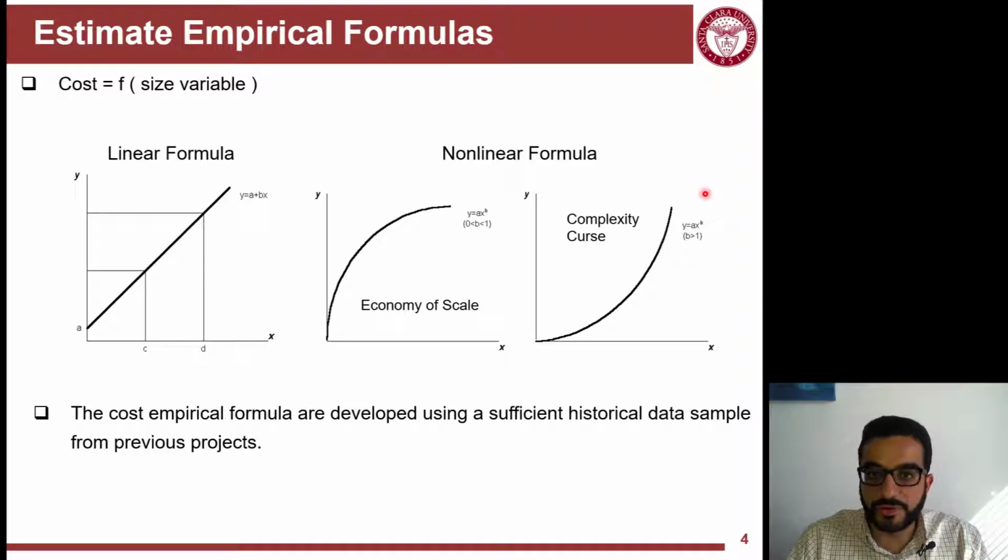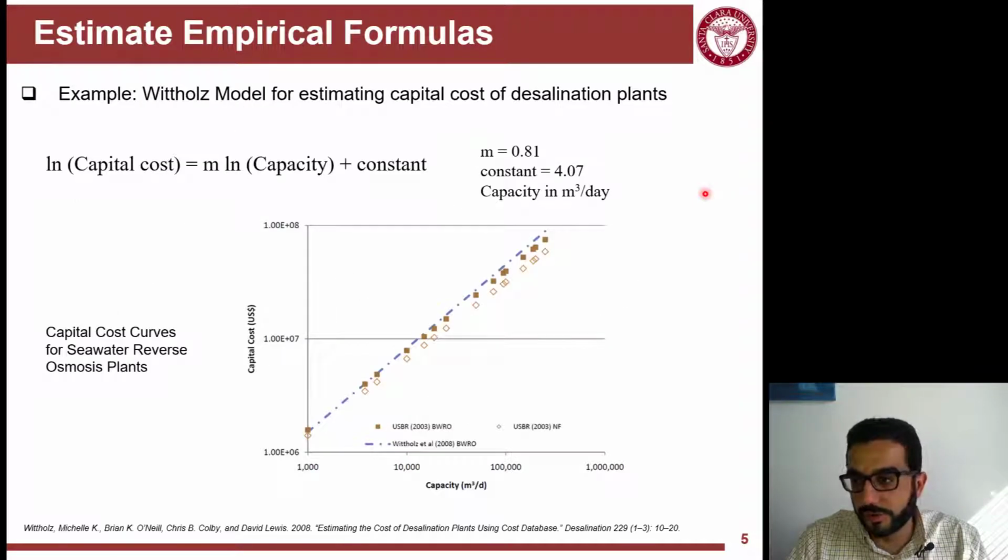These formulas are developed using historical data from previous projects that you did before, or that you have access to. Whit Holz, a researcher, and partner authors did a study, collected data from a lot of desalination projects and came up with this formula.